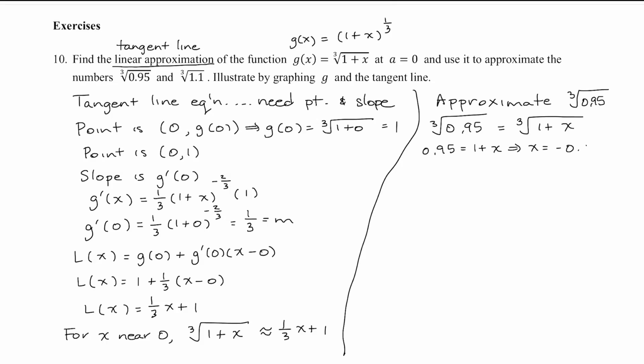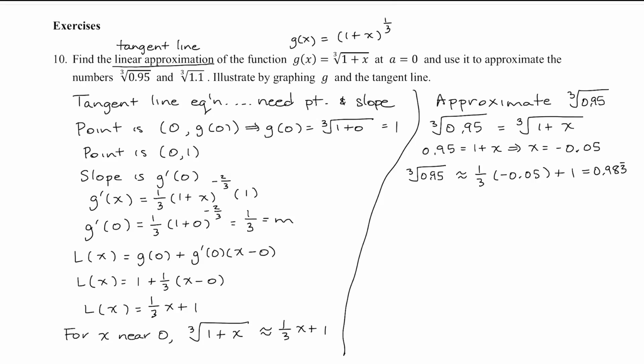And so that means if 0.95 is 1 plus x, then x is actually negative 0.05. So in other words, if I subtract 0.05 from 1, I get 0.95. So the cube root of 0.95, that is g of x, is approximately equal to 1/3 times x, which is negative 0.05, plus 1.